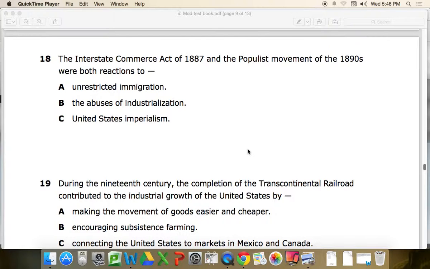So even if you hadn't watched the video, you should have connected the populist movement. But certainly if you had watched the video, you would have known that the Interstate Commerce Act regulates railroad rates. It guarantees that railroad rates are fair to everybody regardless of how much you're transporting. And of course, we haven't even talked about imperialism yet. And the populist movement doesn't talk about unrestricted immigration anyways. So that was question number 18.